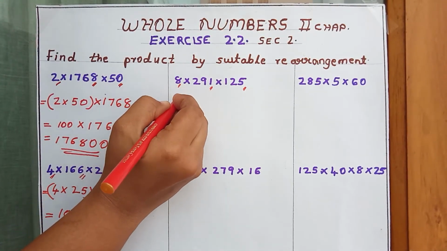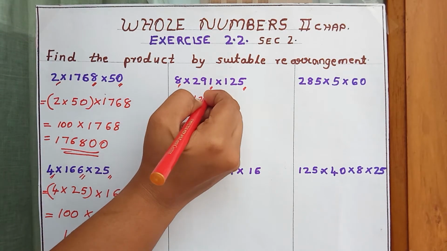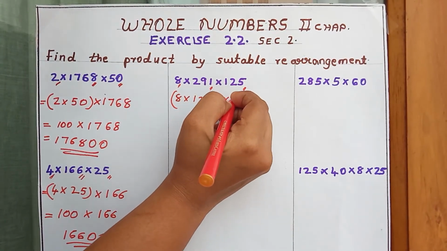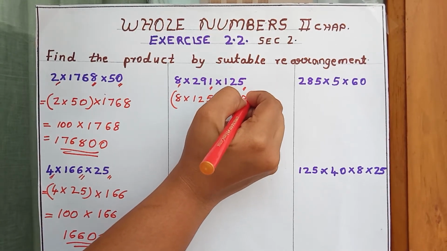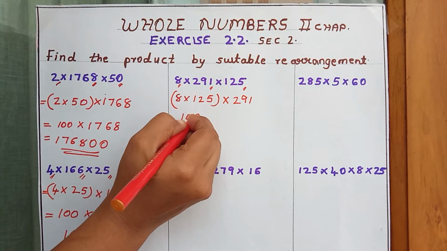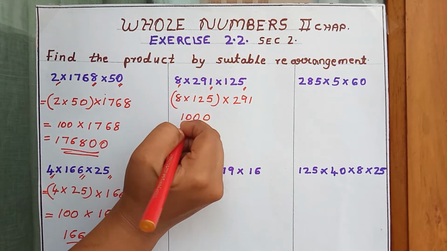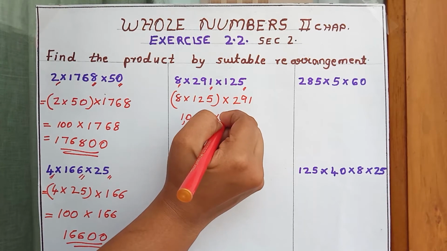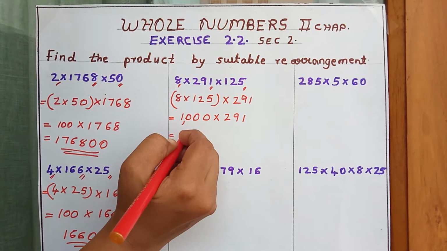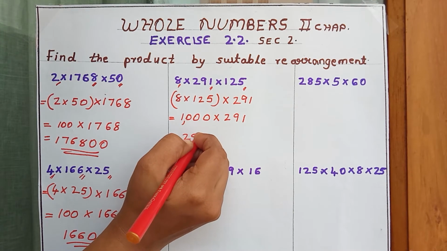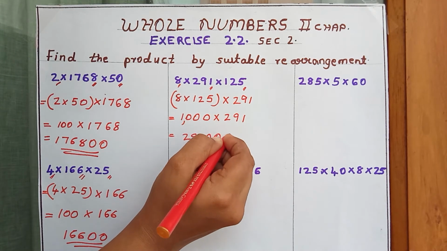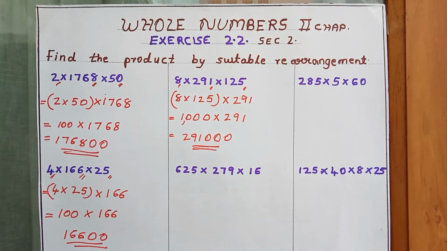So 8 into 125 into 291. 8 into 125 will be 1000. 1000 into 291. So very easily you can multiply this. Just put 291, and how many zeros in 1000? 3 zeros. So just put 3 zeros here.